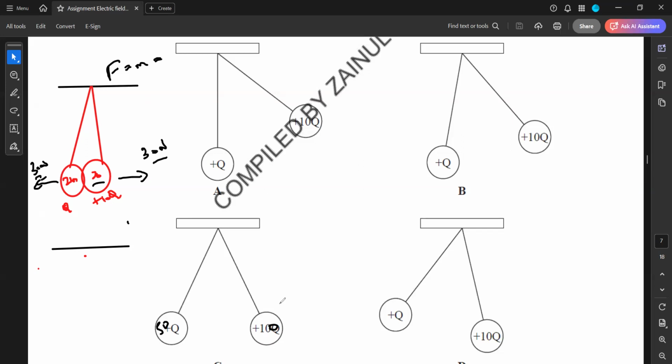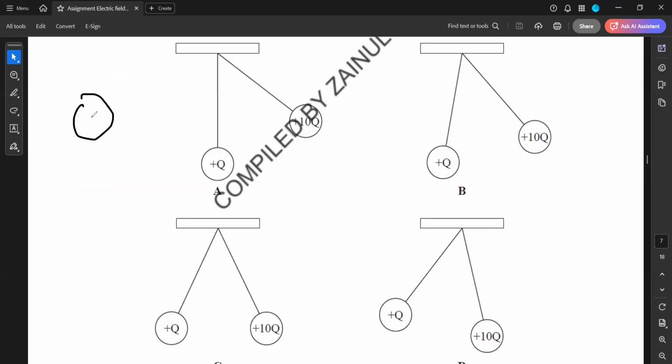Is it clear? So the displacement from the mean position depends on their mass. If we have two charges of different magnitudes, say 2 coulomb and 5 coulomb, according to Coulomb's law the force of repulsion or attraction will be the same. If this experiences 30 Newton, this will also experience a force of 30 Newton.